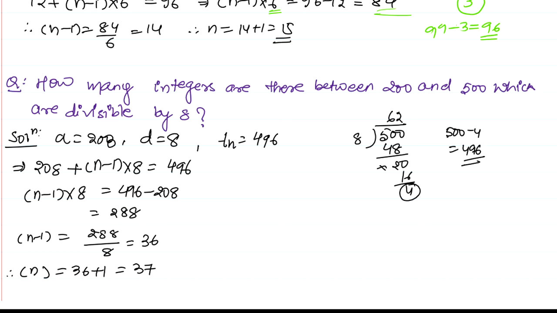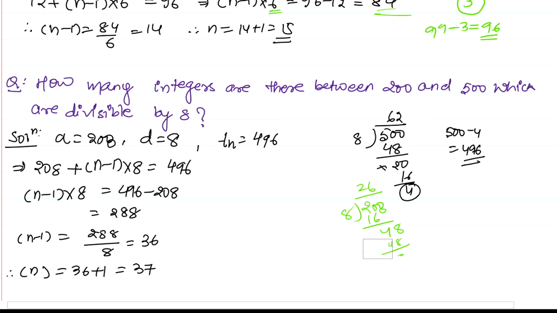You can check, is 208 divisible by 8? Okay, let's check it out. 208 divided by 8. 8 2s are 16, 4, 8. 8 6s are 48. Yes, 208 is divisible by 8.